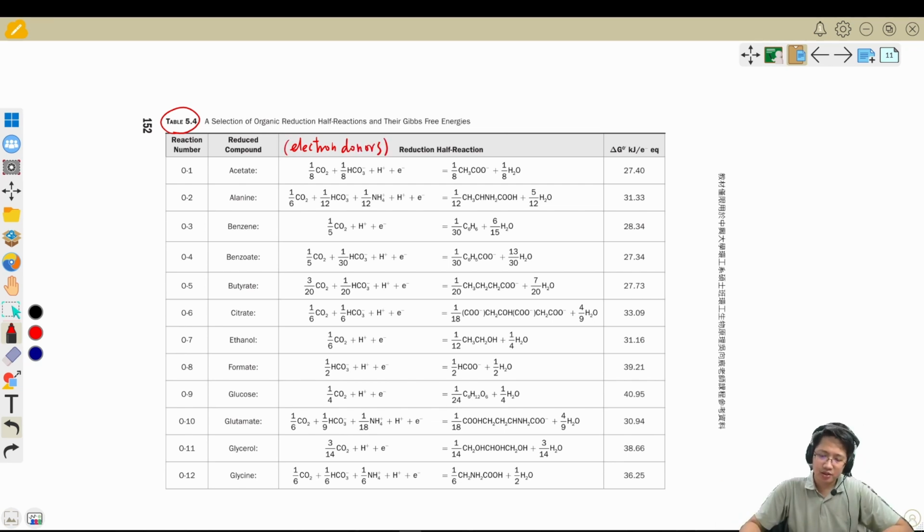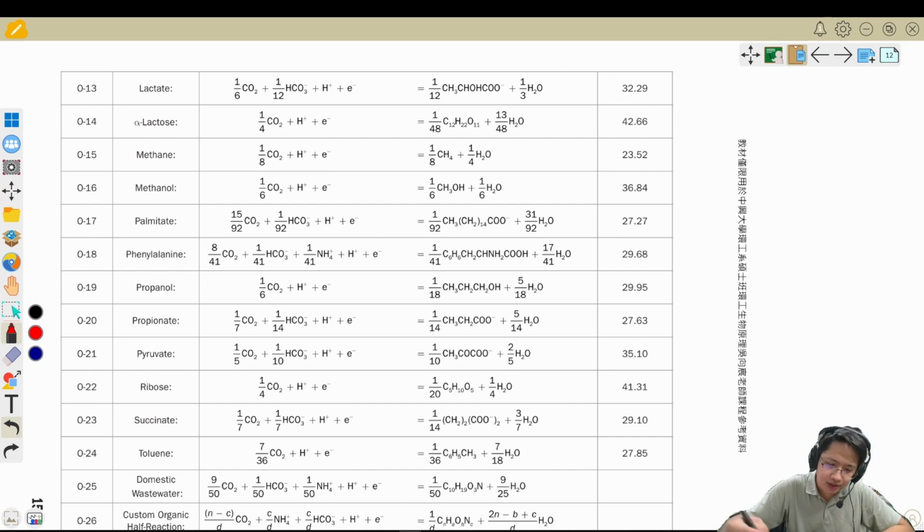So sometimes the electron donors generally use organic chemicals for providing electrons. So you can see here acetate, benzene, benzoate, citrate. Those are very commonly used organic chemicals that can produce electrons. And if you need other types of organics, here are lots of half reactions.